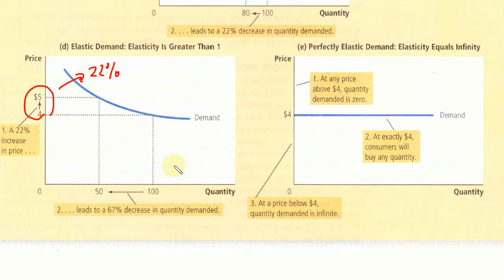What about this one? 50 plus 10 divided by 2 is the midpoint, right? The variation between the two, 50, is divided by the midpoint, and to calculate the percentage we have to multiply by 100.